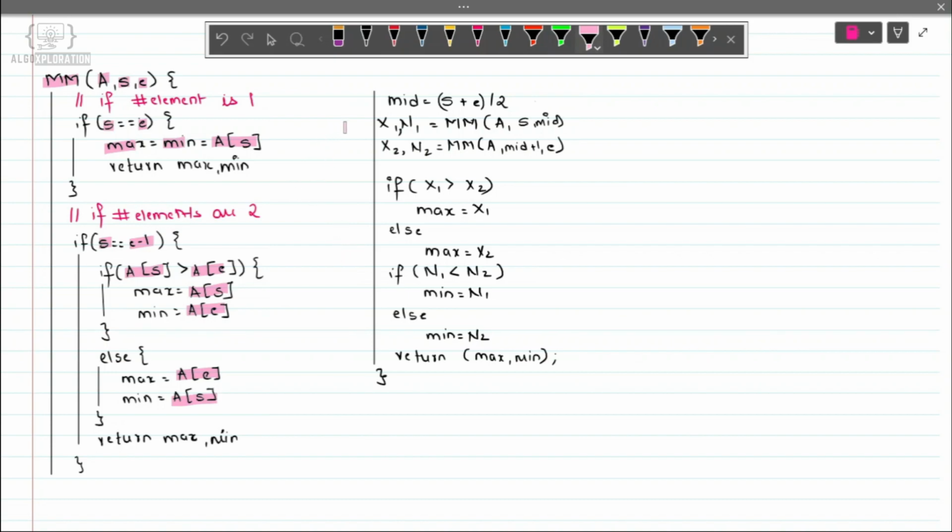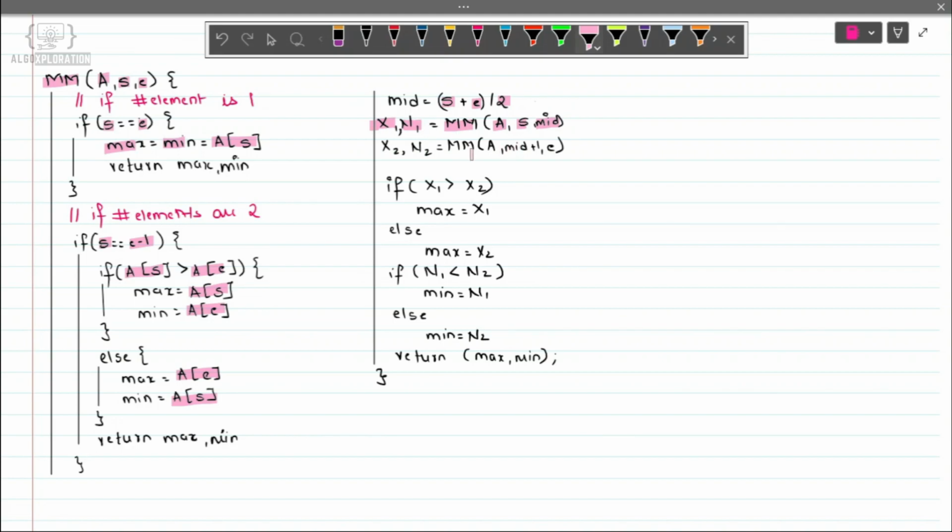So here we will first find the mid element. The formula for mid will be s plus e divided by 2, and then it will call the function recursively. So mm, by passing the three parameters: array, start index and mid index that we got from here, and the result from this function will be stored in x1 and n1 as maximum and minimum.